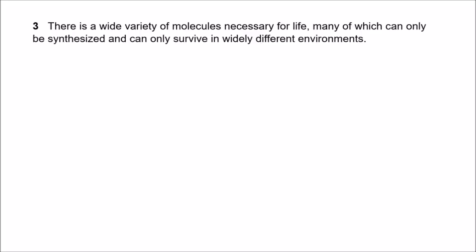He says, consider the prebiotic synthesis of the nucleoside adenosine, which is a central molecule for life. Adenosine is part of adenosine triphosphate, a molecule found in all forms of life that's involved in energy transfer, and even more importantly, it's also a precursor to DNA and RNA. So there's no RNA world without adenosine.